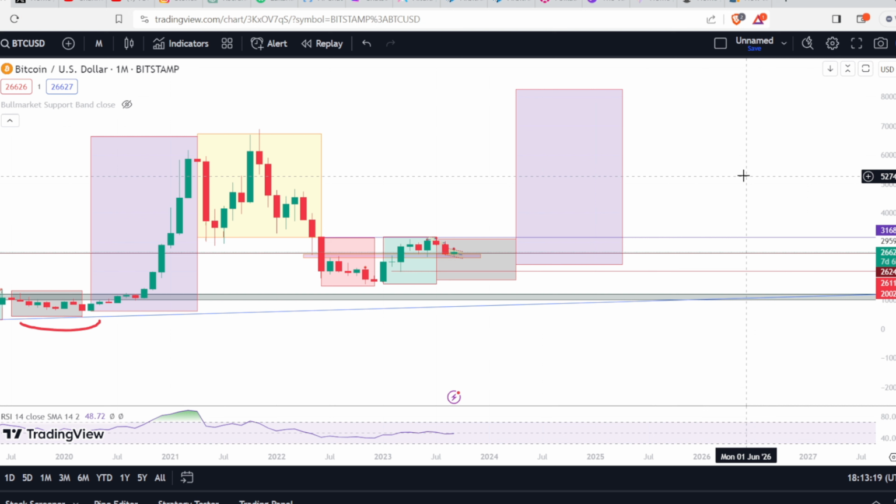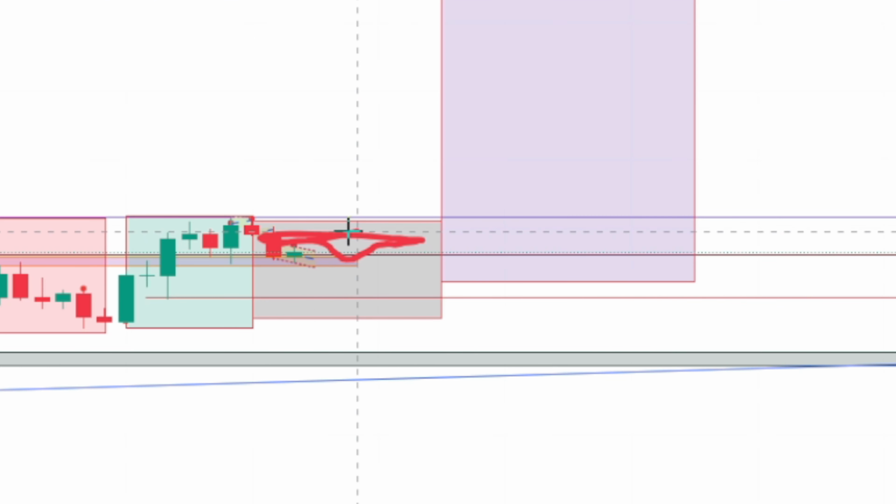Bulls and bears are in a huge fight in this area, and it's not clear if we have already bottomed out clearly, and then we're going to see some sideways action in this box right here between 25K and 30K.